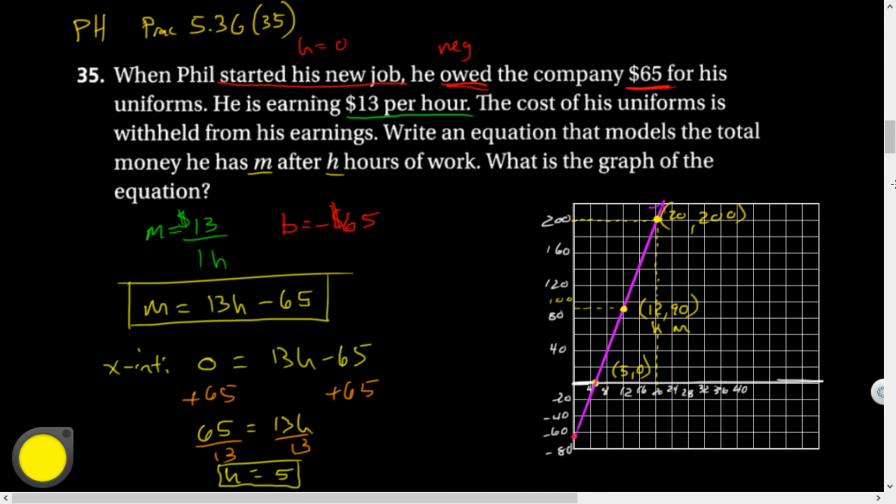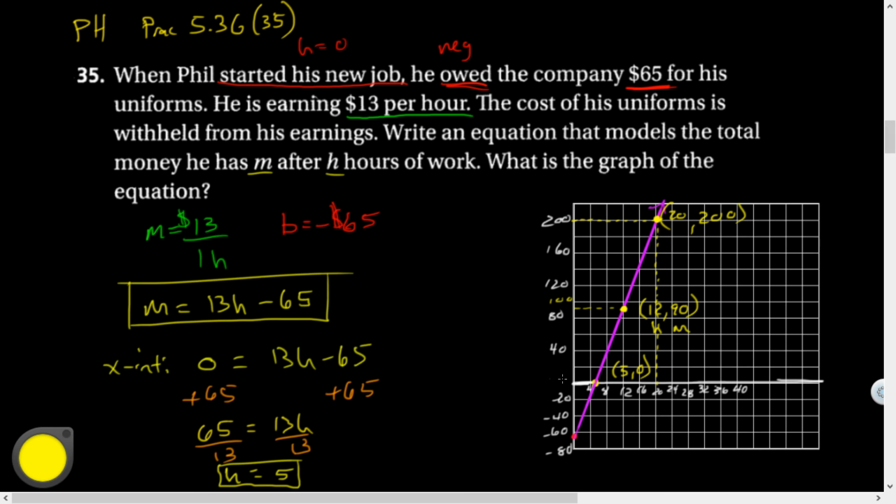We can interpret it. The steepness of the graph represents his pay per hour, right? That's his wage. The dollars per hour is the slope. The x coordinates represented the number of hours after he started his job, the number of hours of work he did, and the y-axis represented the money he had at any given point.